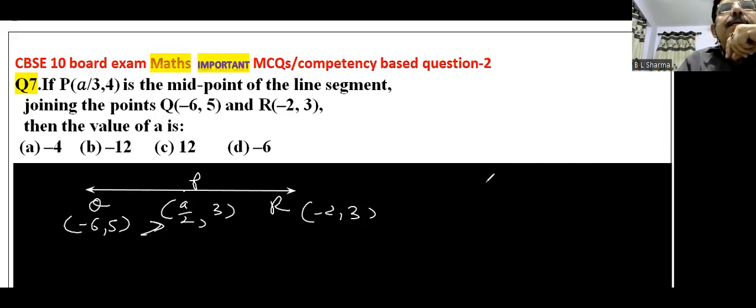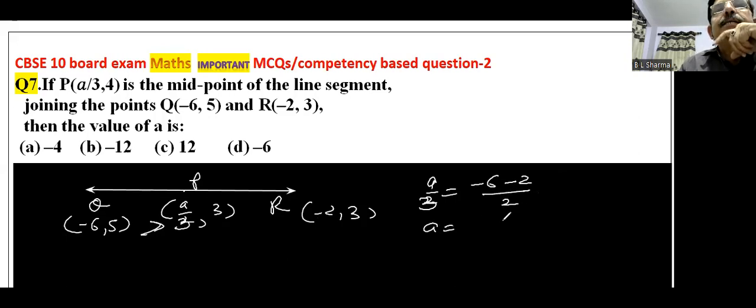See, from the midpoint, a by 3 will be equal to (-6 minus 2) by 2, which is -8 by 2.